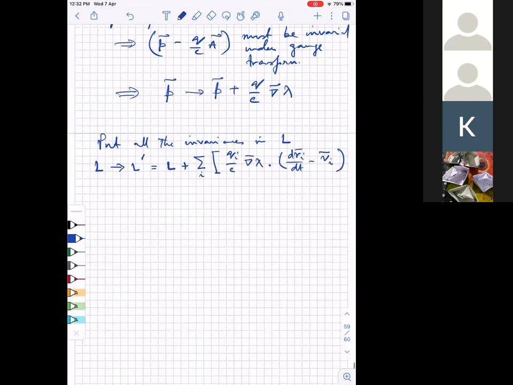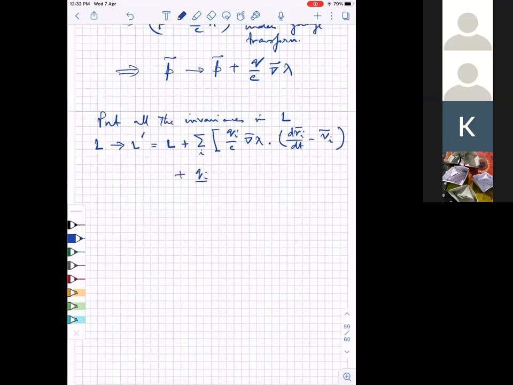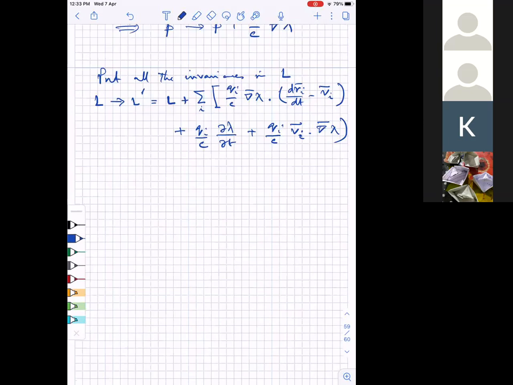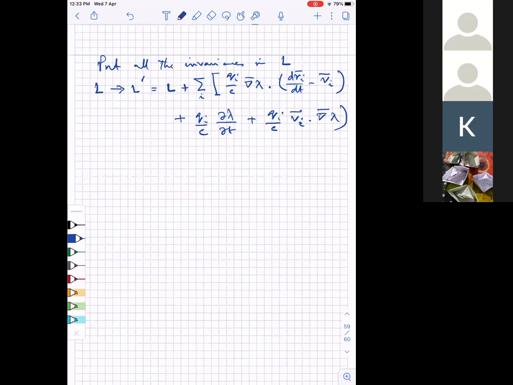Then we will have a q_i by c del lambda del t, and then again a q_i by c v_i dot grad lambda.